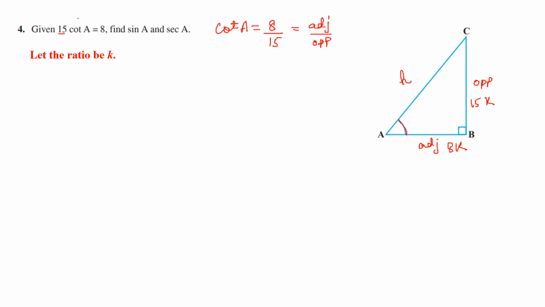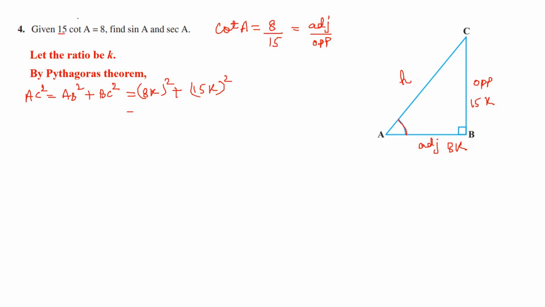Now let's use Pythagoras theorem to find the measure of AC. By Pythagoras theorem, I can write AC square equal to AB square plus BC square. AB square is 8k whole square plus BC square is 15k whole square.